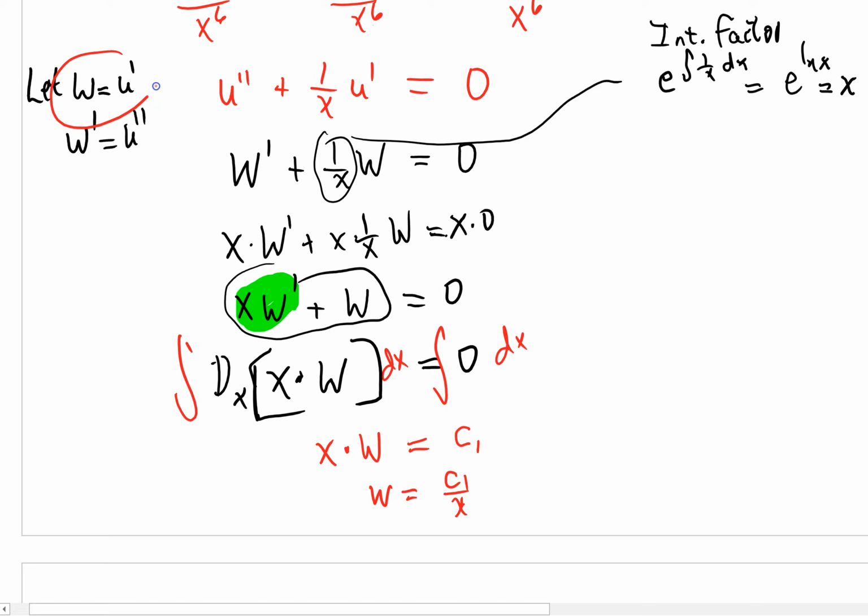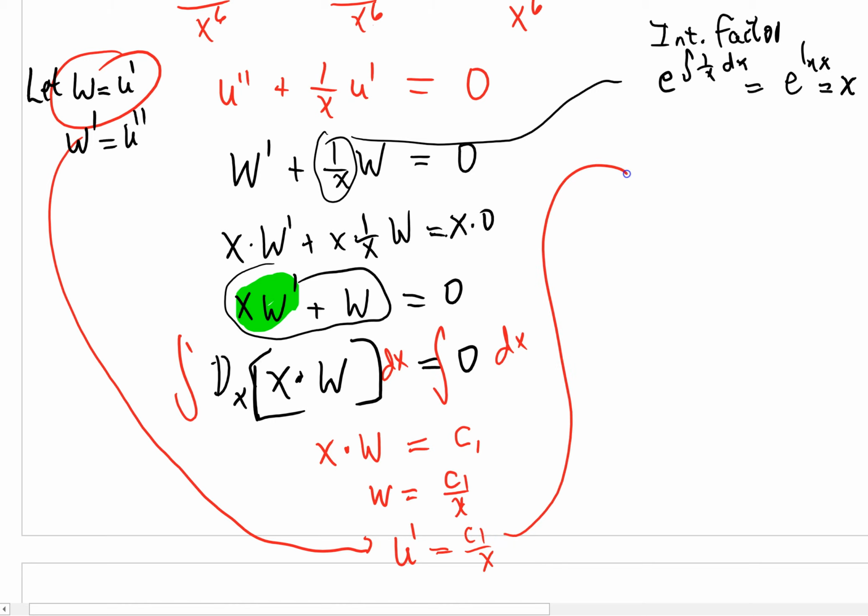But w, please remember, is really u prime. So I'm going to continue right over here. If u prime is some constant divided by x, guess what?